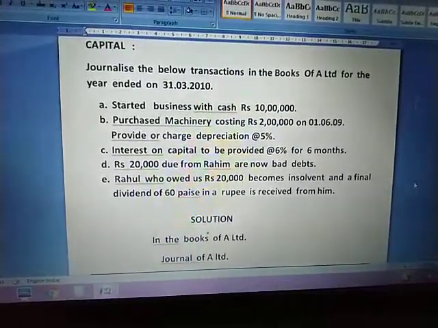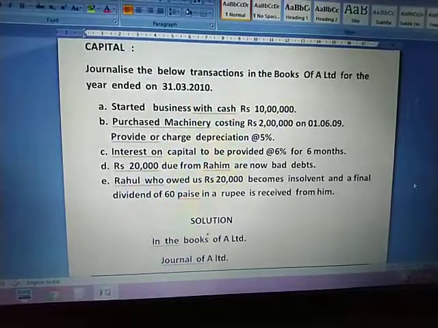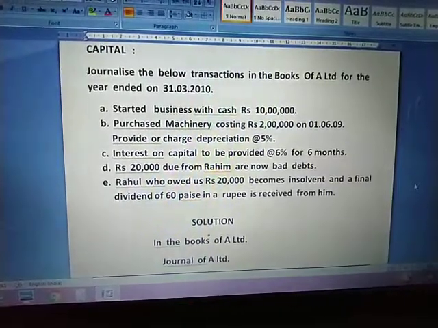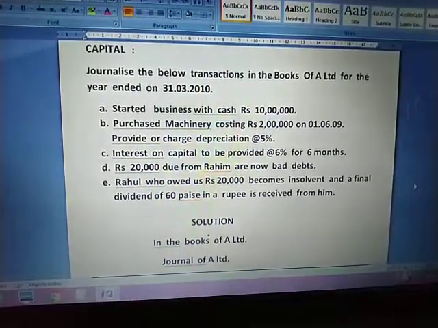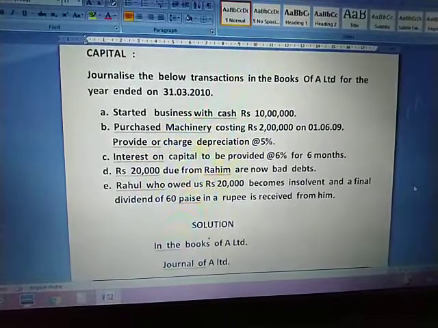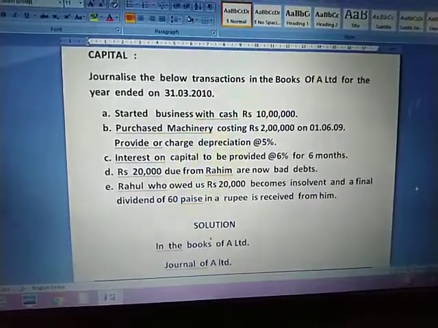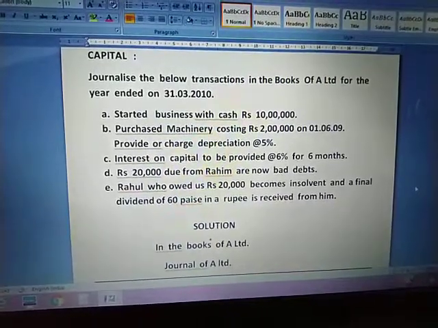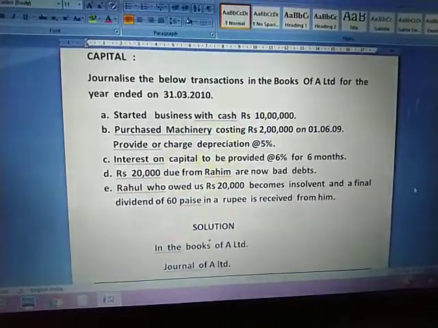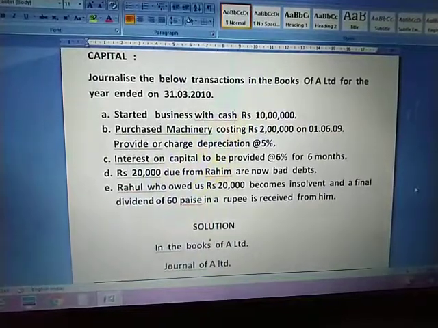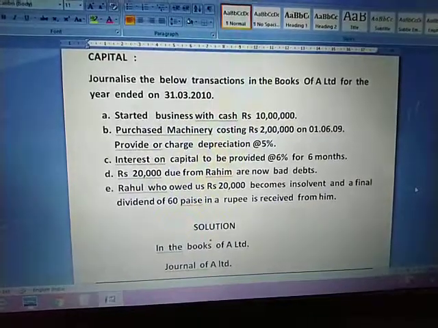So let us get into the year. The accounting year for this sum is 1st April 2009 to 31st March 2010. Okay, that is why it is written as year ended on 31st March 2010.